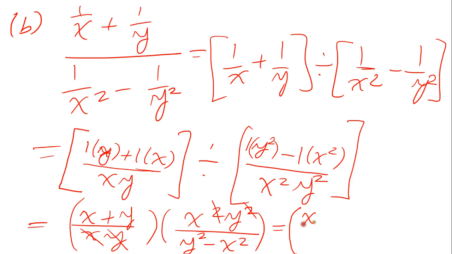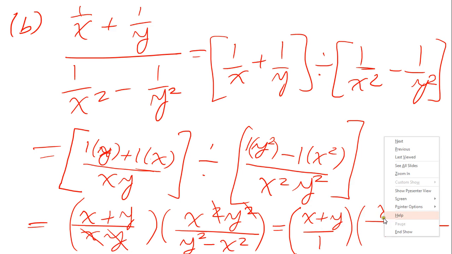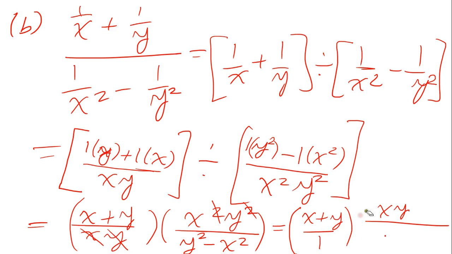So x plus y over 1, which I could have just written as x plus y, but anyway, that's times xy over, and I didn't need this big parenthesis. Let me erase that.